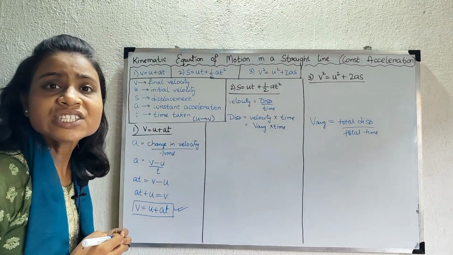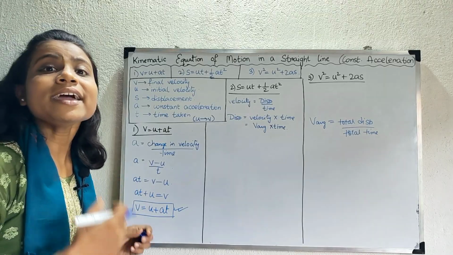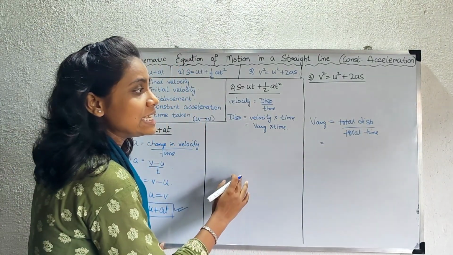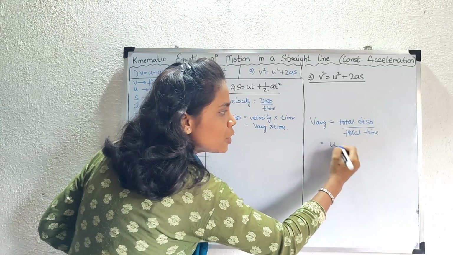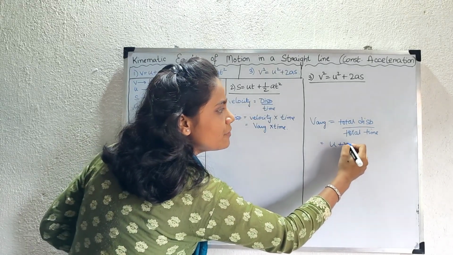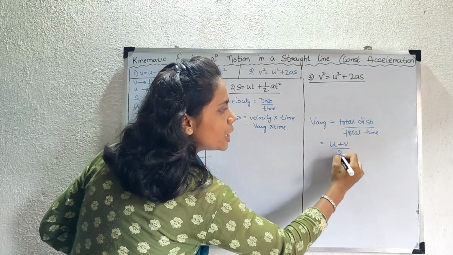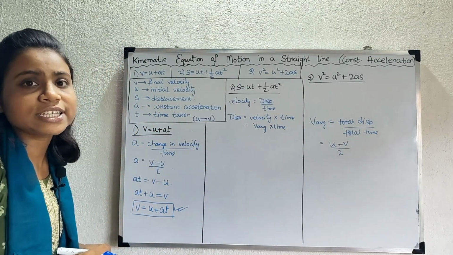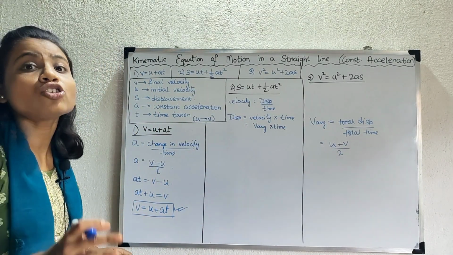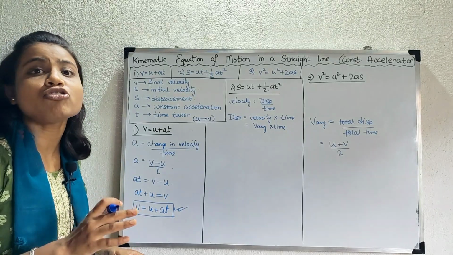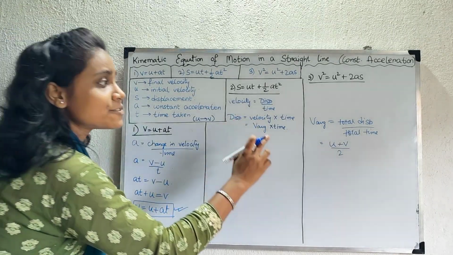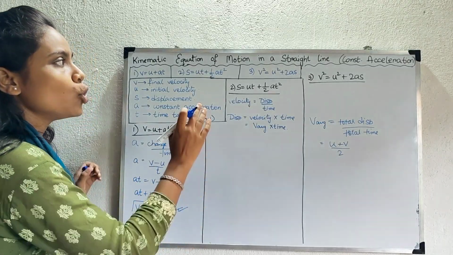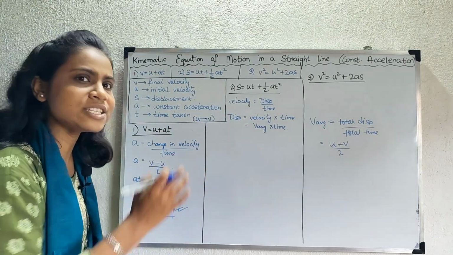But in case of constant acceleration, there is another formula, that is average velocity is equal to initial velocity plus final velocity divided by 2. This formula for average velocity is not valid for non-constant or non-uniform acceleration. This is valid only when the acceleration is constant. So in this case we can use this formula.